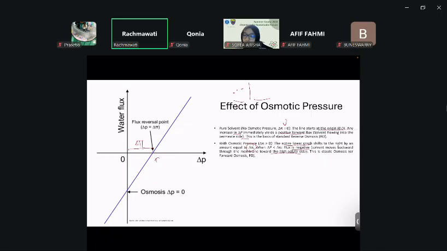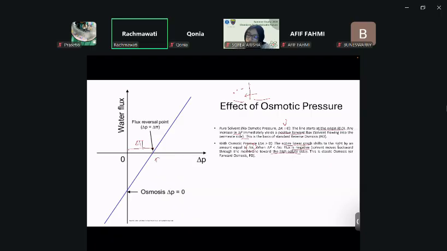If nothing is applied, the water will go from the higher amount of water, meaning low solute concentration, to the side with higher solute concentration. That's normal. So if you apply pressure less than the osmotic pressure, the water will move from the pure water to the feed solution, and that's not what you want in this case.